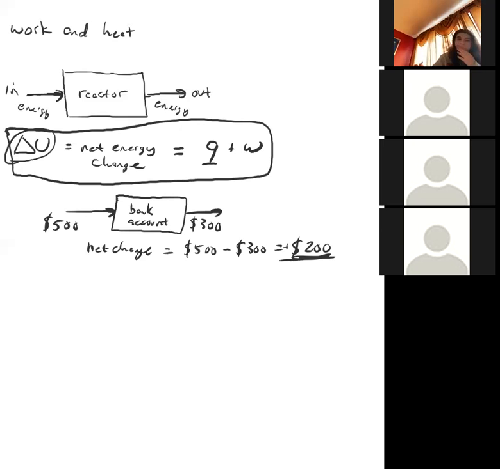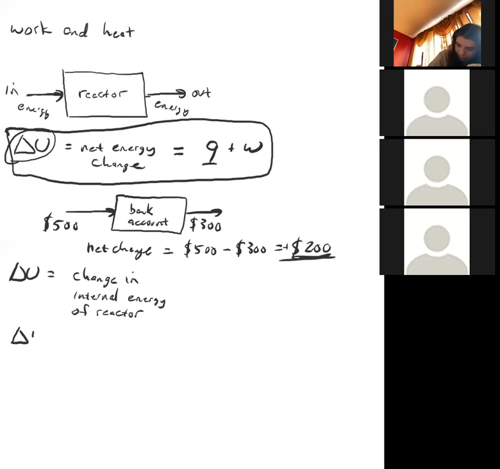So this delta U has a term, it's called the change in internal energy of the reactor. And some textbooks will use delta E. It's perfectly fine to use delta E. Delta U is more common, but those essentially mean the same thing, okay?